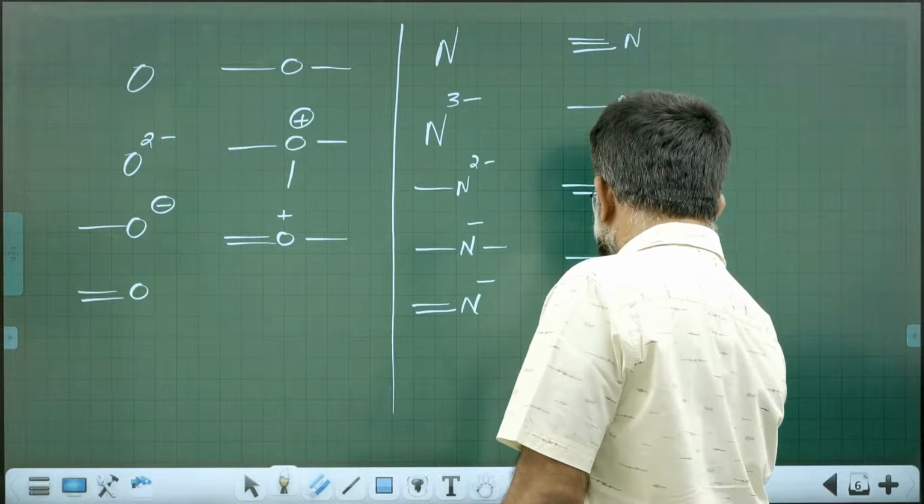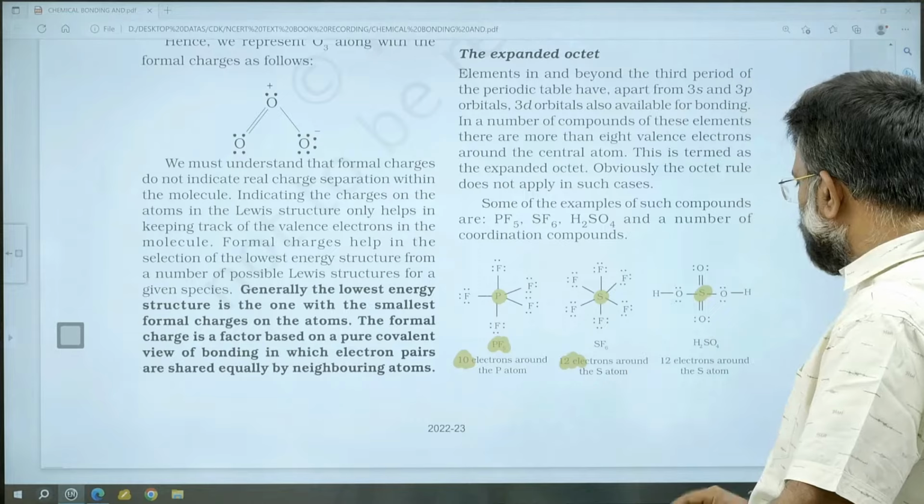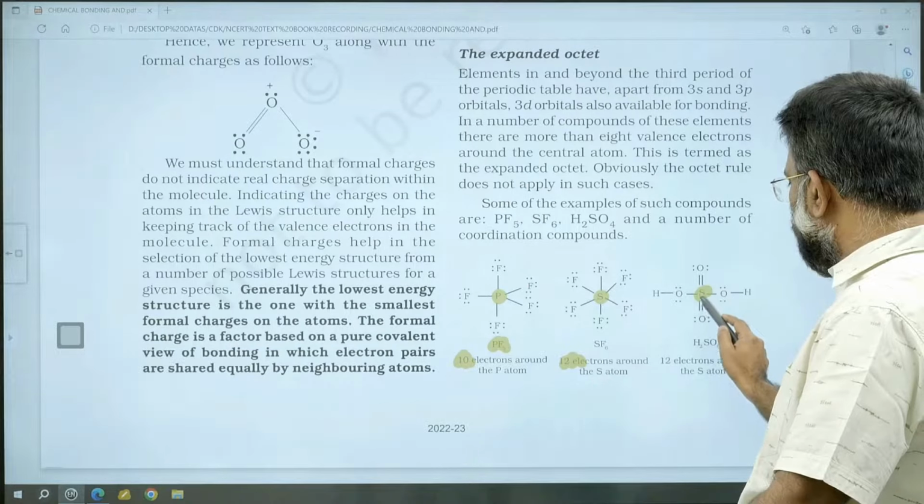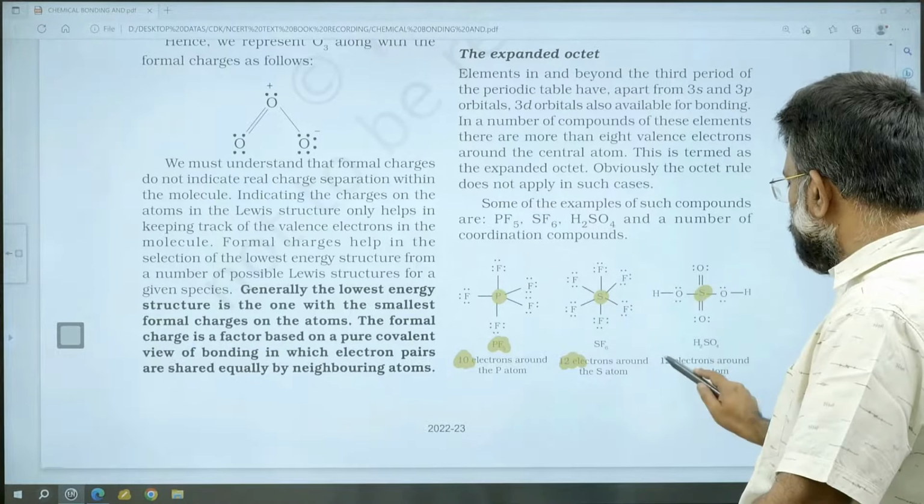Five pairs means 10 electrons. Around sulfur in sulfuric acid there are 6 pairs, 12 electrons, a 12-electron system. So these are molecules where we go for expanded octet. So there is incomplete octet, odd electron system, and expanded octet, not necessarily always octet. Is it clear? Right.